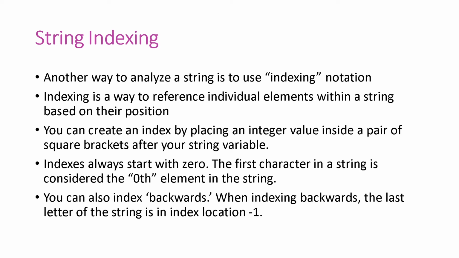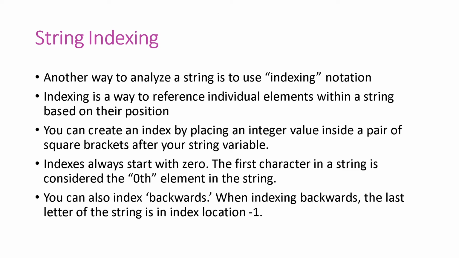You can create an index by placing an integer value inside a pair of square brackets after your string variable. Indexes always start with 0. We call this the index location of your character. Indexes always start with 0, and they count up from there, starting from your first character forward.